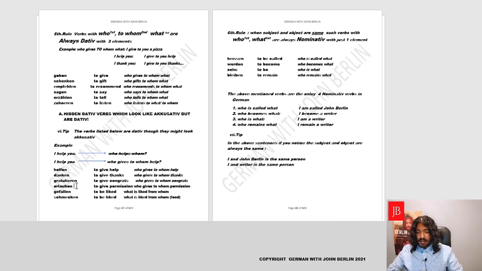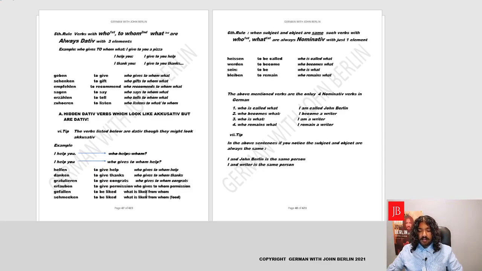Moving on, we have gefallen, which means to be liked, and schmecken, which is also to be liked, but especially for food. These are also dative verbs. I'll explain: when you say to be liked, the question is what is liked from whom.